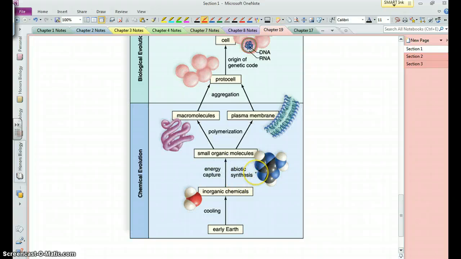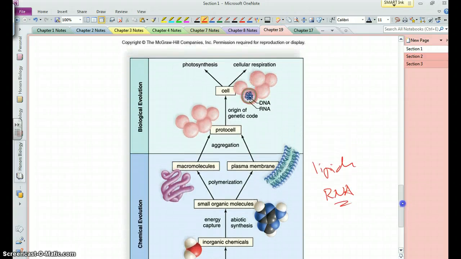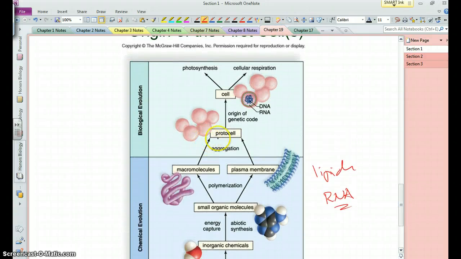You began to get the formation of even larger molecules, and you would have to have the formation of some kind of lipids that you could use to build up membranes. So once you have these membrane-like structures and these other molecules, certain proteins, and also some kind of hereditary material, presumably RNA came first, these things begin to assemble into these protocells.